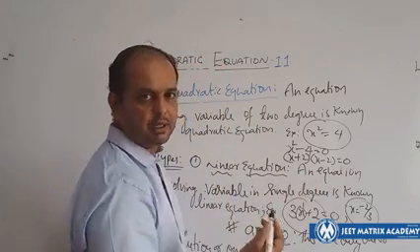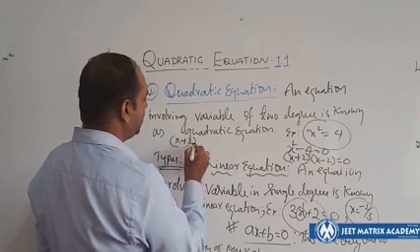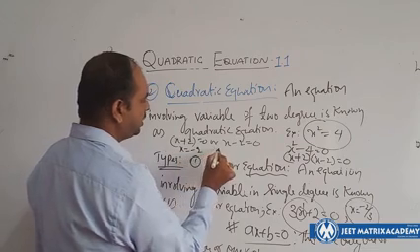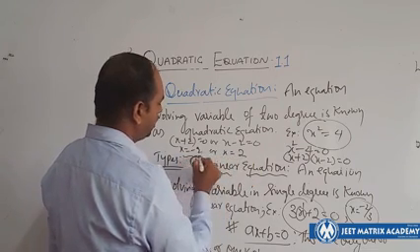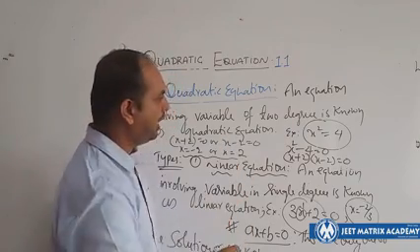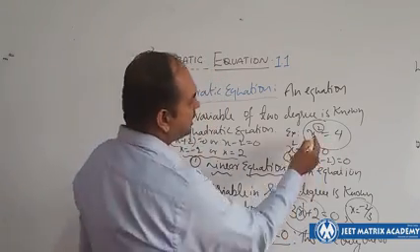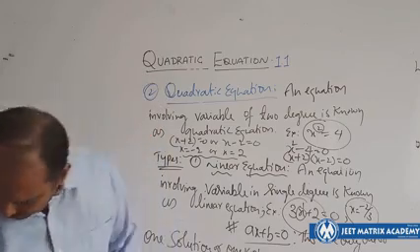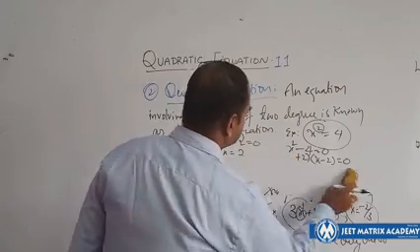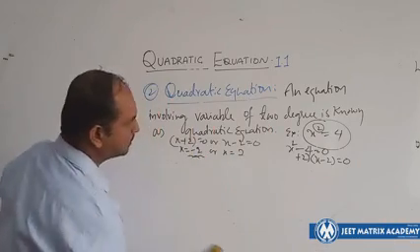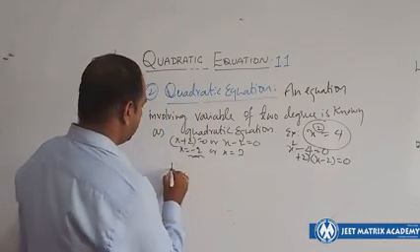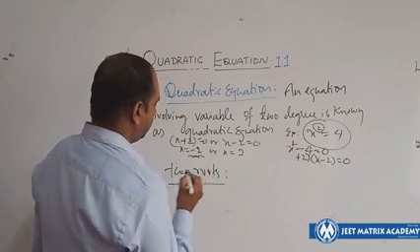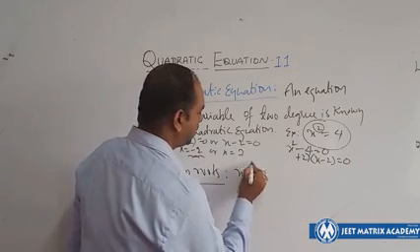If the product of two factors is 0, then either x plus 2 equal to 0 or x minus 2 equal to 0. That means x equal to minus 2 or x equal to 2. Now there are two solutions as the degree is 2. So this equation has two solutions, that means it has two roots, x equal to plus or minus 2.